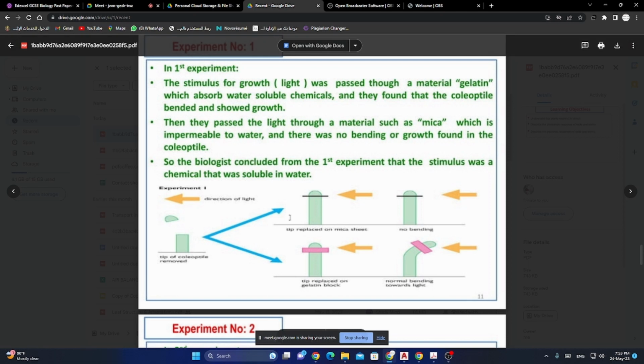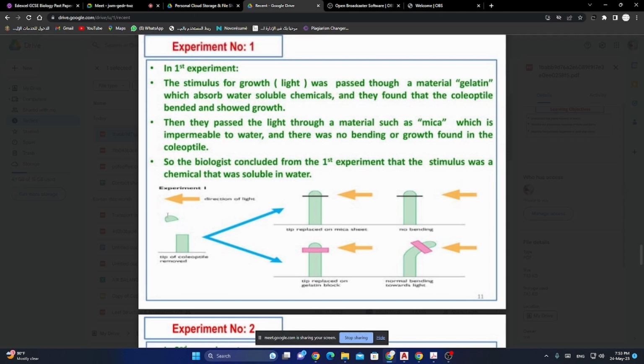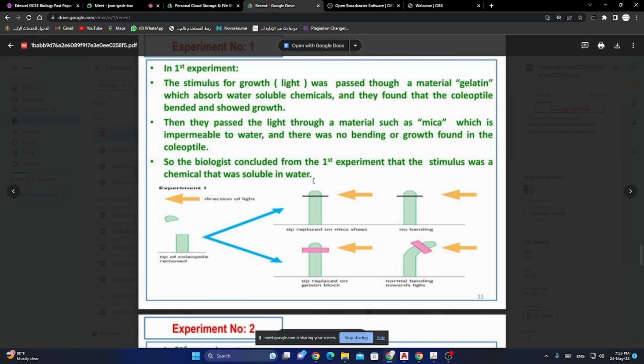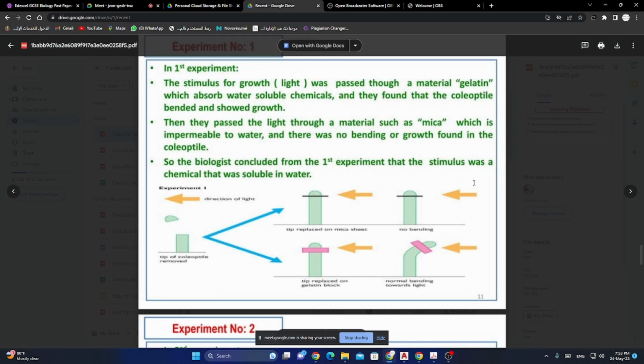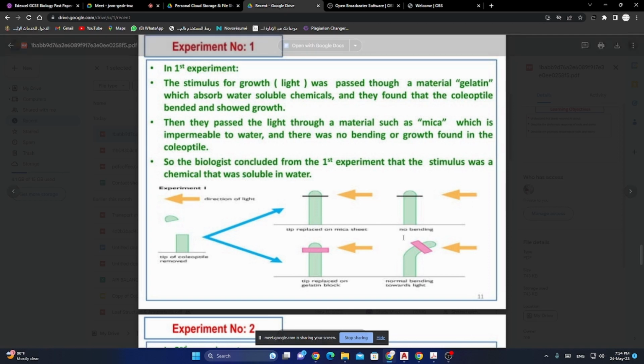So, for example, here you have the tip of the shoot. You remove it and then replace it after putting a mica sheet. That sheet doesn't allow anything to go through it, right? So even if you shine light from a certain direction, there's going to be no response.